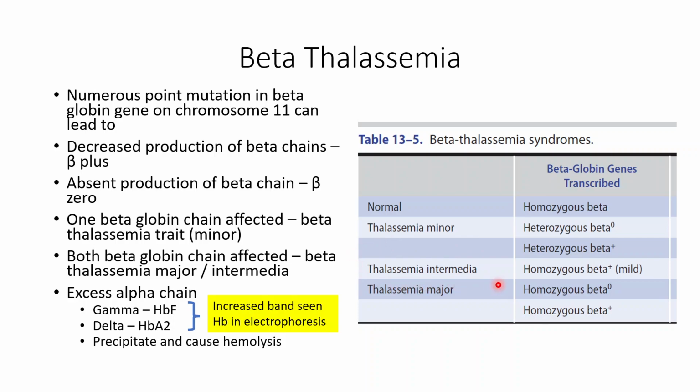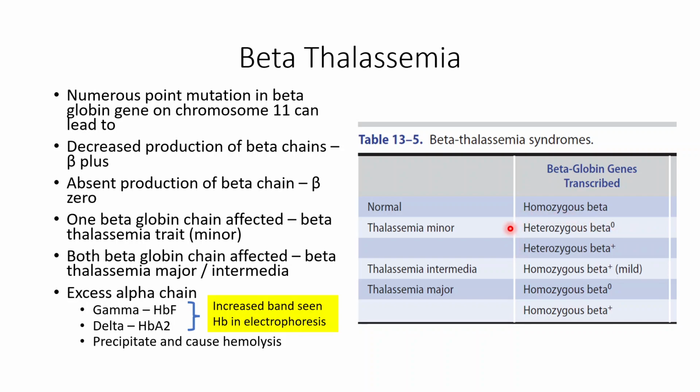Now we have another condition called thalassemia intermedia. It's a homozygous condition. Homozygous means both genes are affected. Thalassemia minor was a heterozygous condition: one gene was normal, one gene was affected.